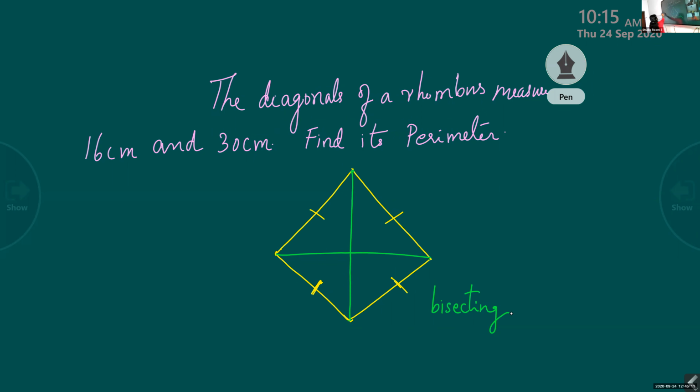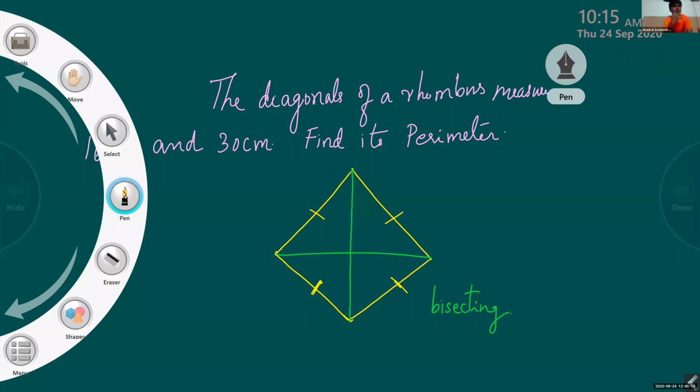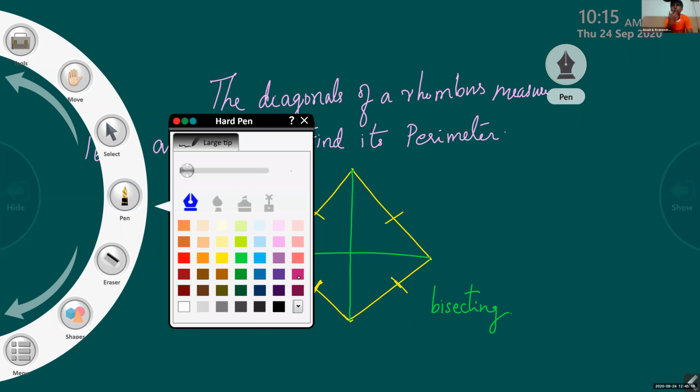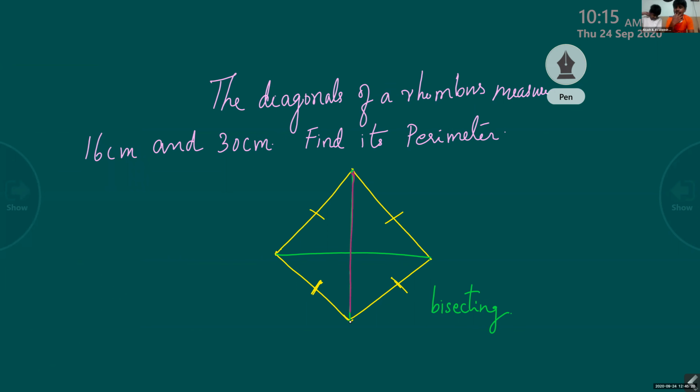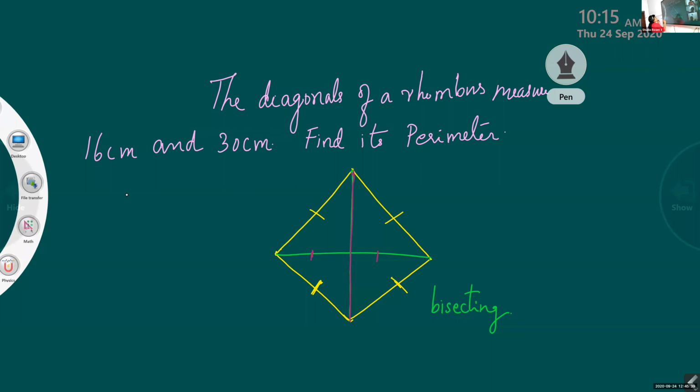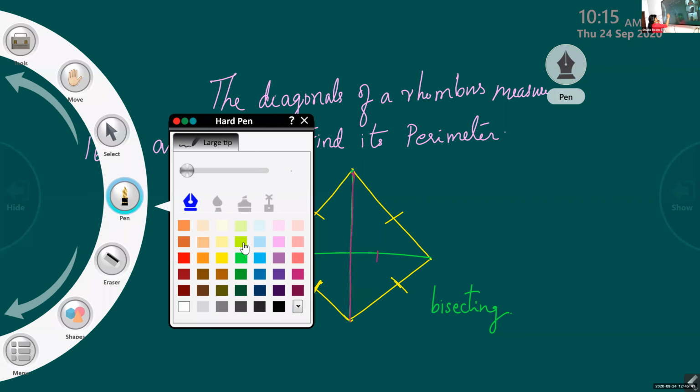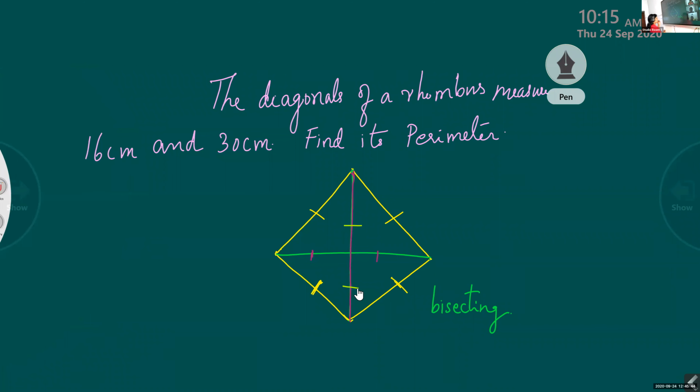That means this diagonal divides the other diagonal into two equal parts. Did you understand? Don't talk in between. Listen to me. This diagonal divides the other green diagonal into two equal parts. Again, the green diagonal divides the magenta diagonal into two equal parts.